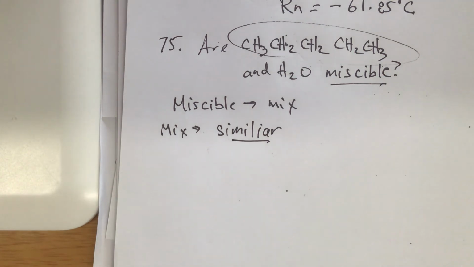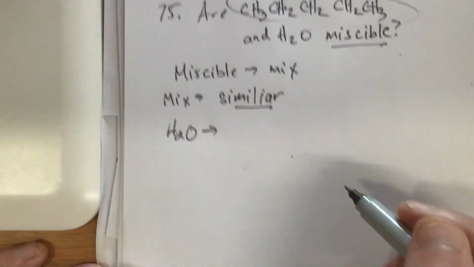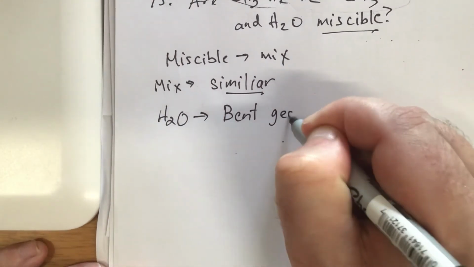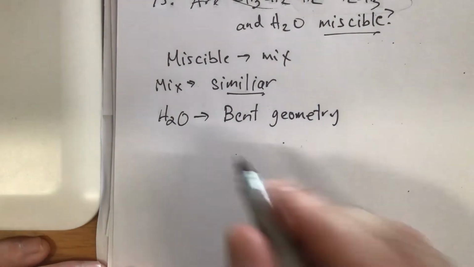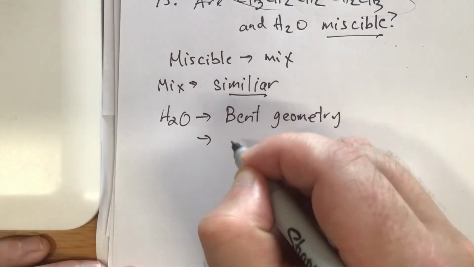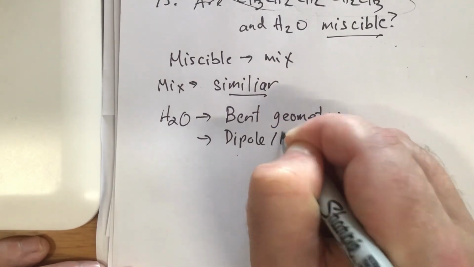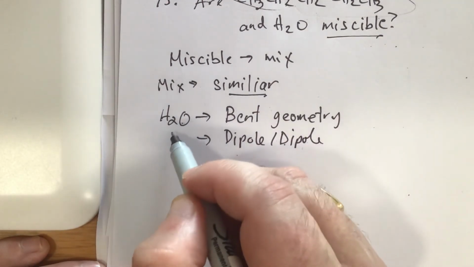Well, what do we know about water? Let's start with this, because maybe you don't know anything about pentane, but you should know some things about water. What do you know about water? Well, first of all, we know that water has this bent geometry to it, owing to those lone pairs of electrons. We also know that water has dipole-dipole forces, because of the difference between the oxygen and the hydrogen.